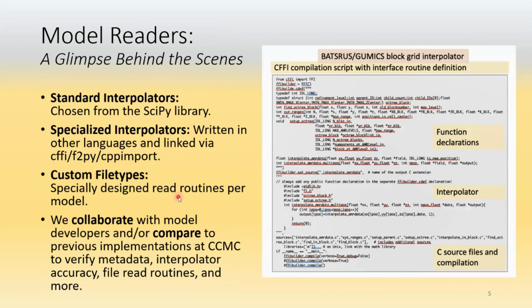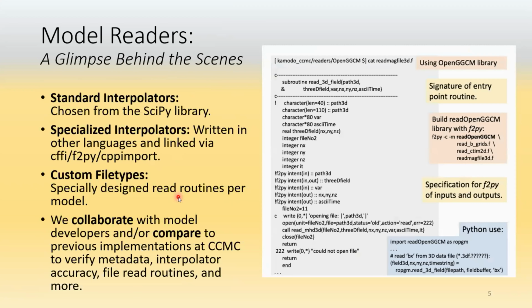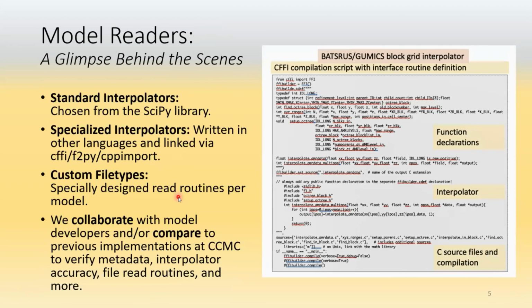All right, take a quick glimpse behind the scenes. For most of our models, a standard interpolator from the SciPy library is acceptable. However, some models require specialized interpolators such as SWMF, and they're typically written in other languages to get advantageous speeds.